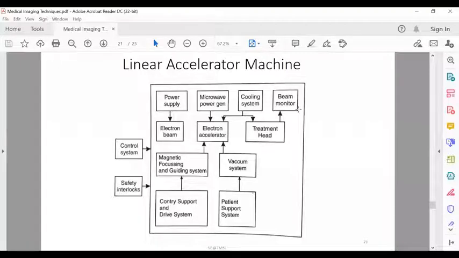So some Betatron units were developed which provided electron energies up to a few mega electron volts, and they had greater penetration through the thick body sections and were suited for treating the tumors of the trunk and pelvis.